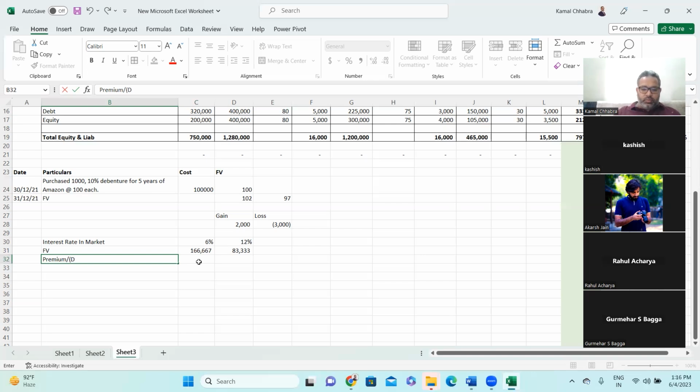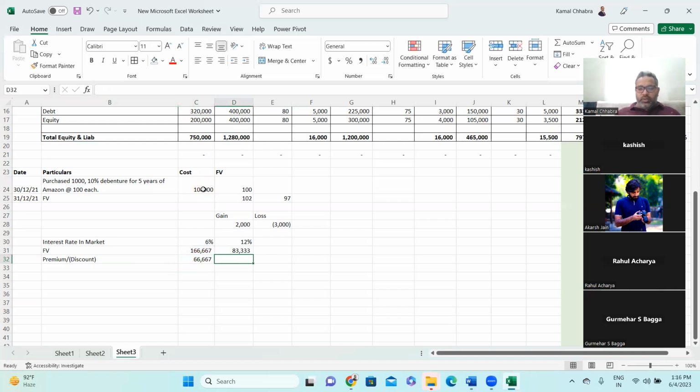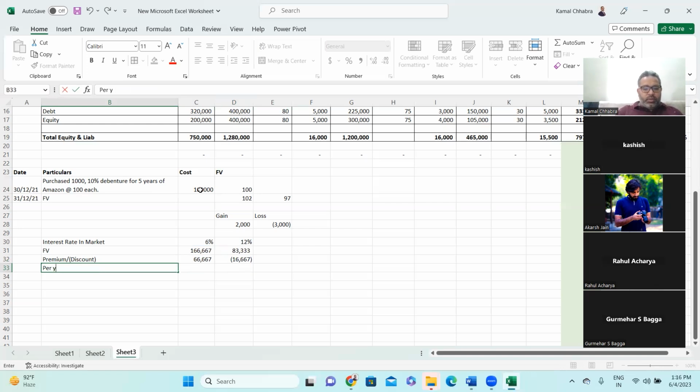So here is the premium. How much is the premium? This minus this. And how much is the discount? This minus this. 70. Right. And per year amortization will be how much?